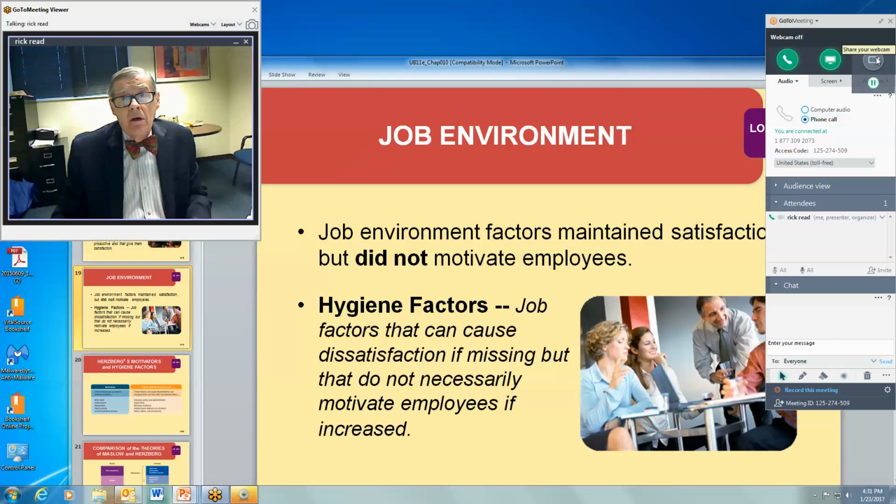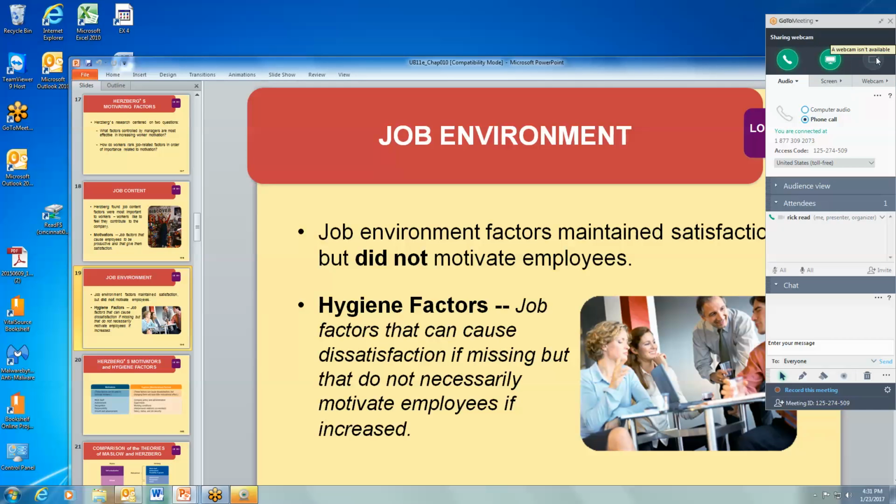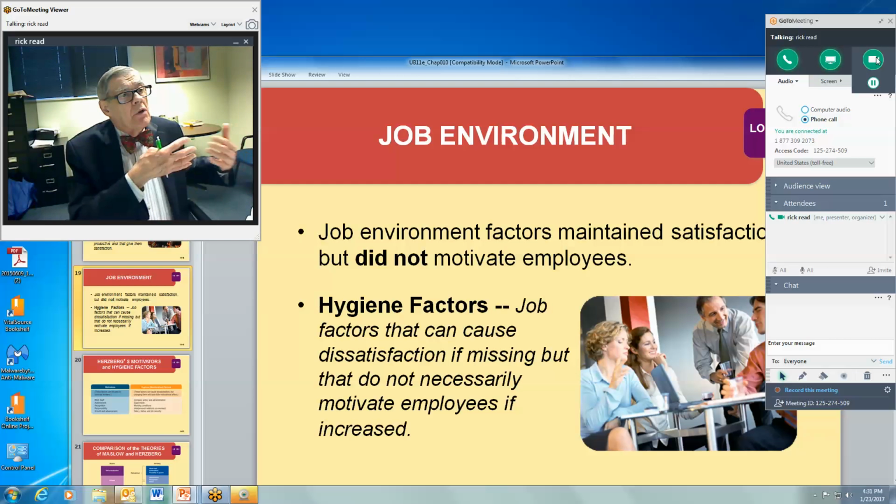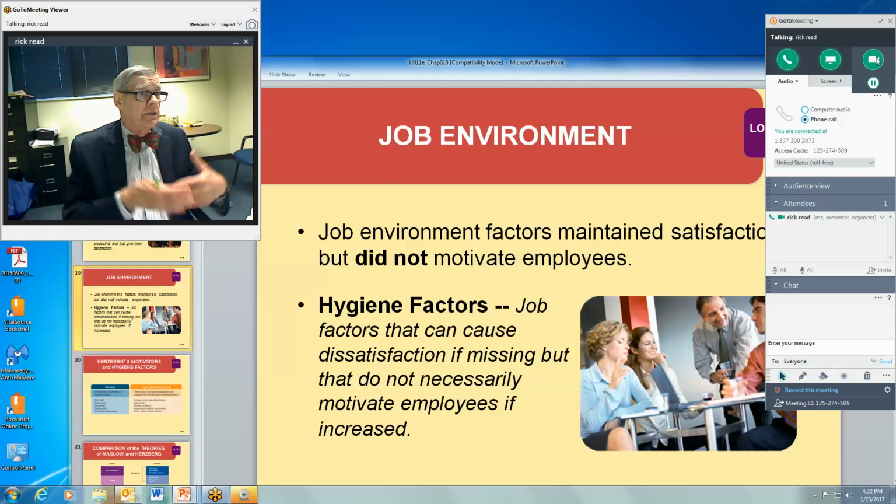Notice he says here, factors that can cause dissatisfaction on the job. So in other words, if you worked in a noisy environment or dusty environment or something of that nature, and you're always fighting that, you would have problems. But removing those or improving them, in other words, taking away the problem areas, will not necessarily motivate people to do a better job. It's just something that comes with the job.